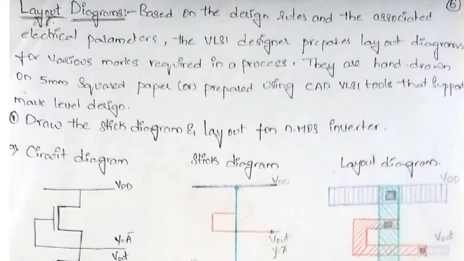Once again, what is a layout diagram? Based upon the design rules and associated electrical parameters, the VLSI designer prepares the layout diagrams for the various masks required in the process, and they are hand drawn on 5 mm square paper or prepared on VLSI CAD tools that support mask level design.